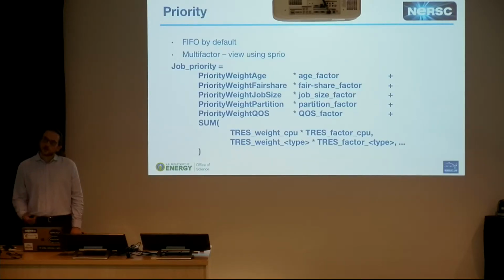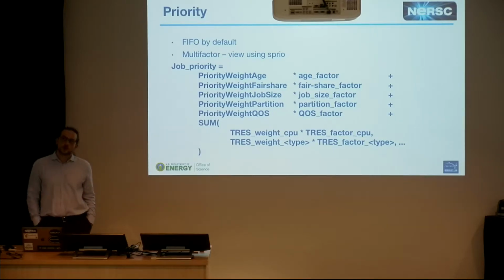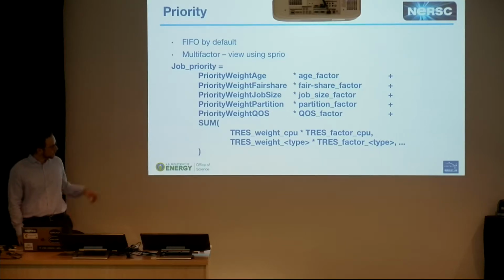Another thing I already touched upon a bit is priority, because your queue is going to have priorities for the users. By default, that's FIFO, which is not recommended. There is a multi-factor priority plugin, and this is how the job priority is calculated. Every parameter in there is tweakable by the system administrator, so basically you can try to reflect how you want your machine to be used.